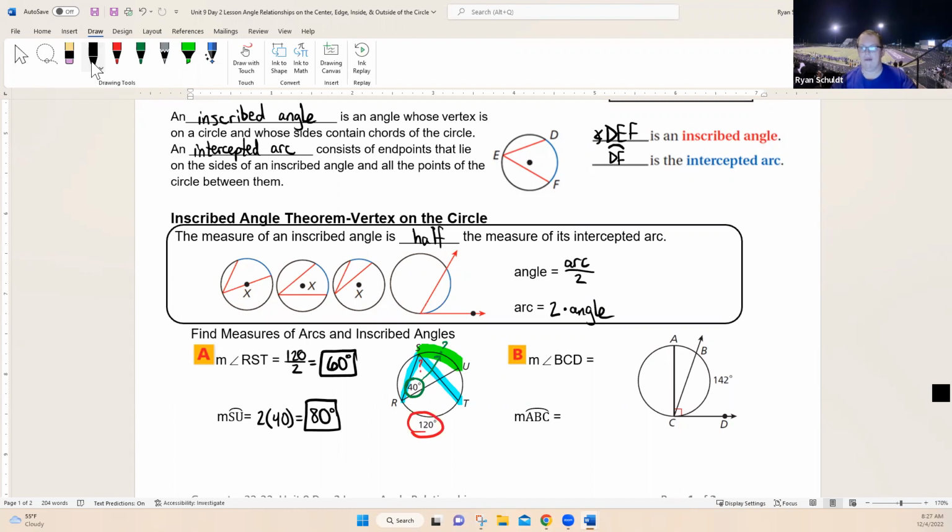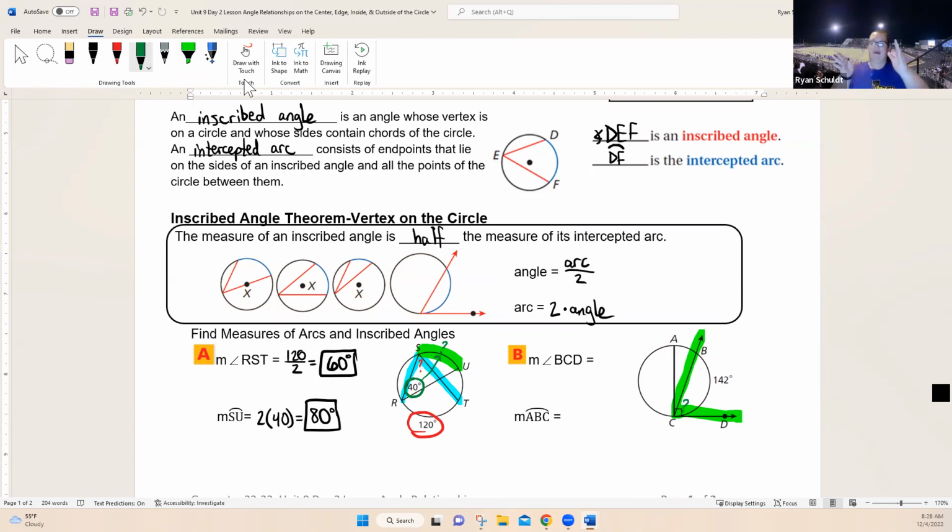Okay, let's look at the next one. They want us to find the measure of angle BCD. So I need to find this angle right here.